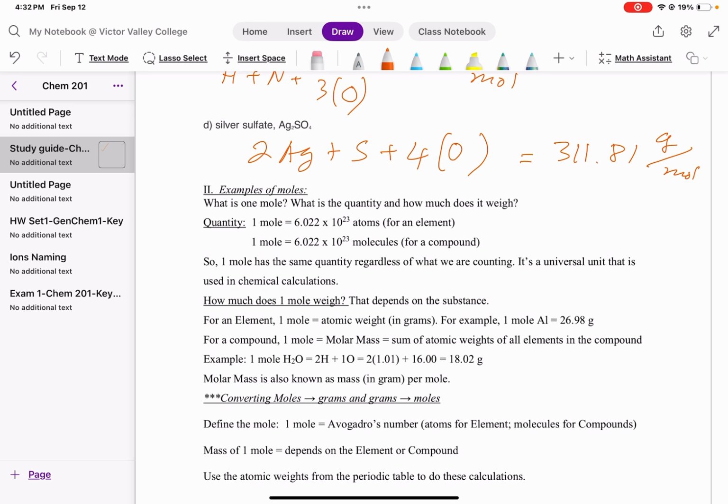Now, one mole is also defined as Avogadro's number. For an element, we call it atoms. For a compound, we call it molecules. Okay? So the Avogadro number doesn't change. It's 6.022 times 10 to the 23rd power.